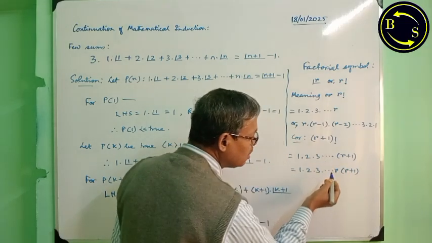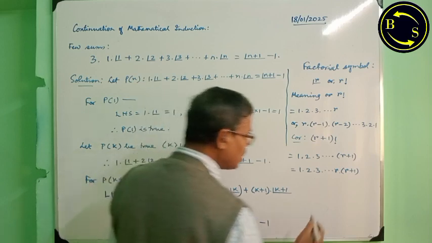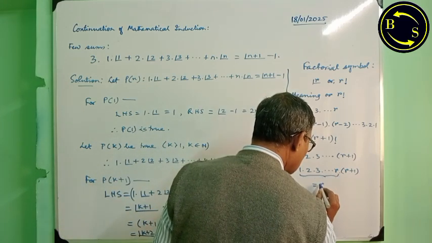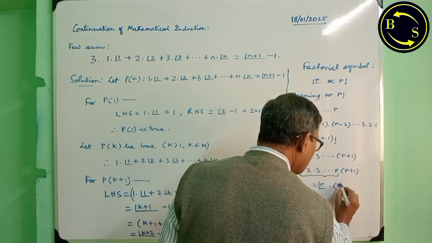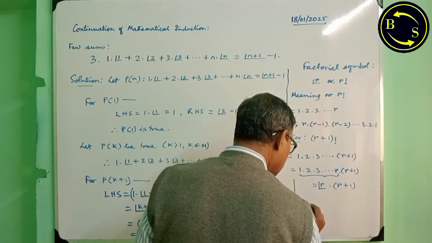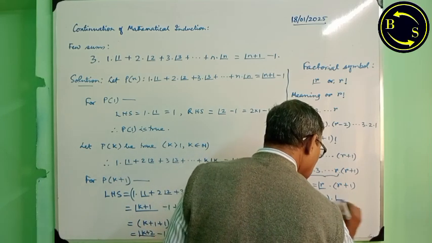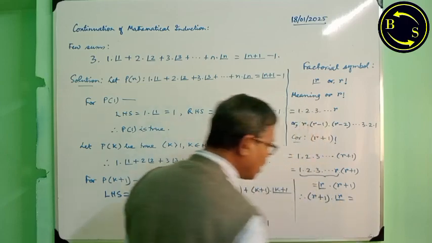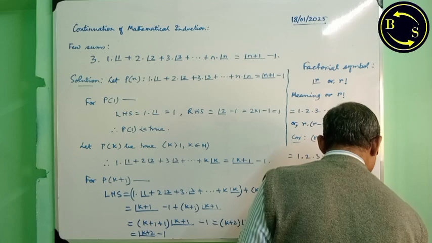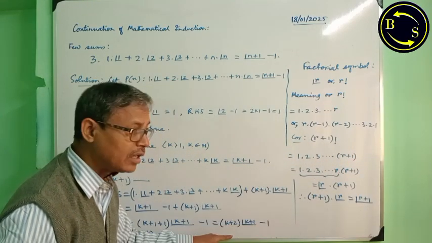Actually r is there before r plus 1, therefore we can write like this, and this is nothing but factorial r into r plus 1. Therefore if I get r plus 1 into factorial r, I can write easily this is factorial r plus 1. This sense is used here.